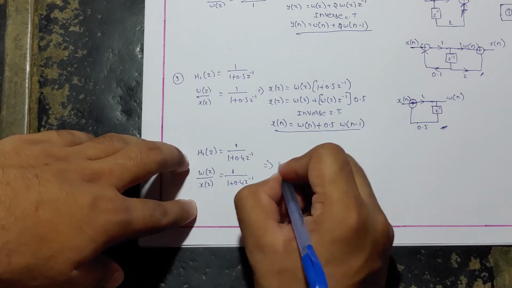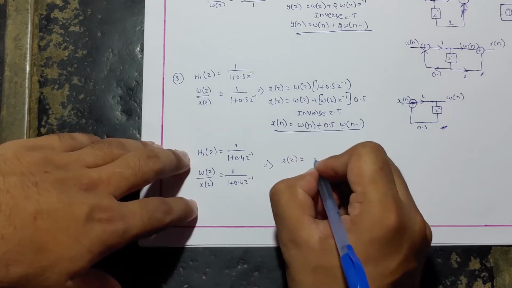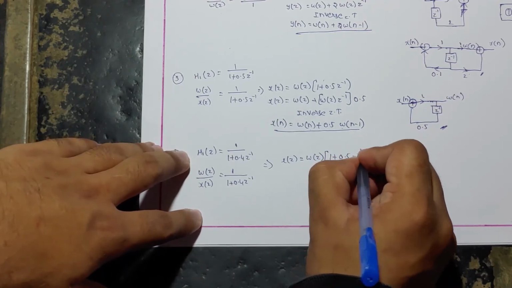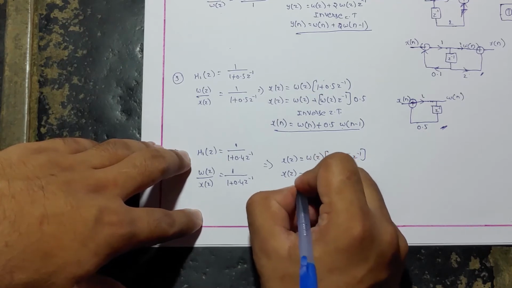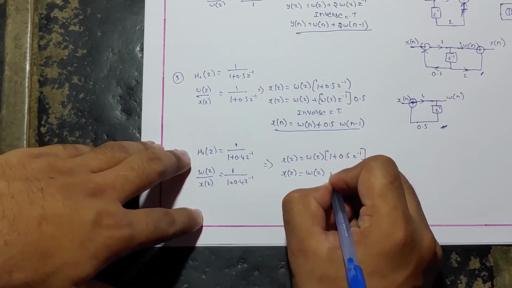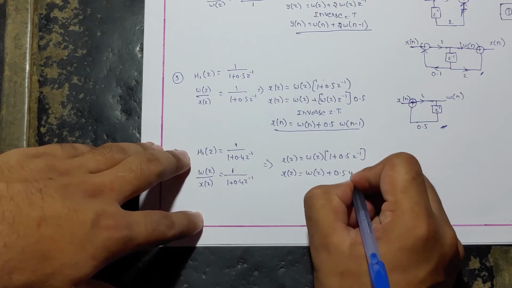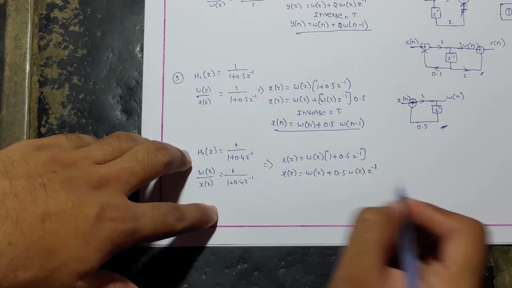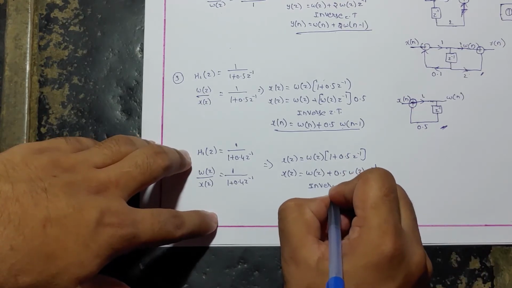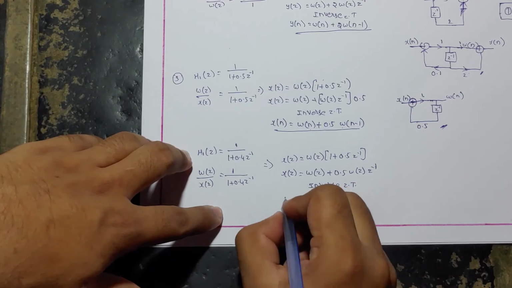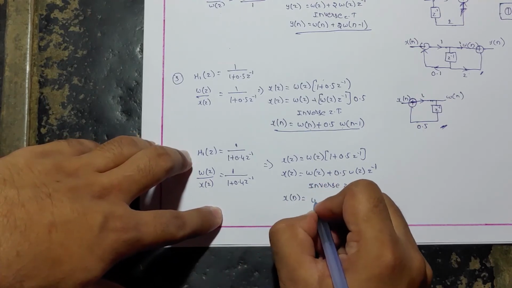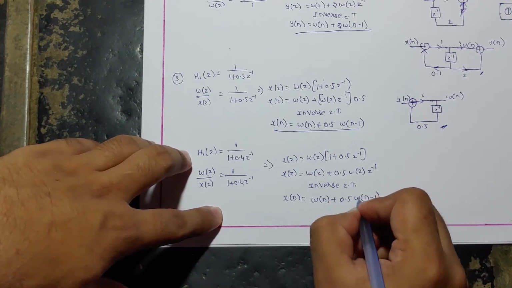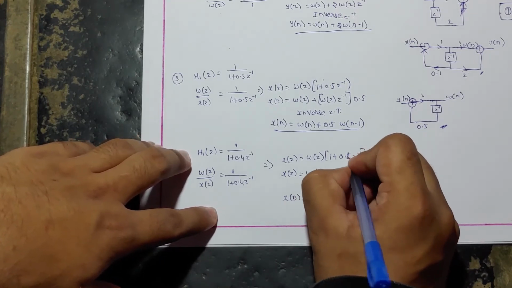Let us do cross multiplication and solve it, which gives x of z is equal to w of z multiplied with 1 plus 0.5 times z inverse. That is equal to x of z is equal to w of z plus 0.5 times w of z into z power minus 1. Now let us apply inverse z transform. For observation, x of n is equal to w of n plus 0.5 times w of n minus 1, which is 0.4 here in this case.